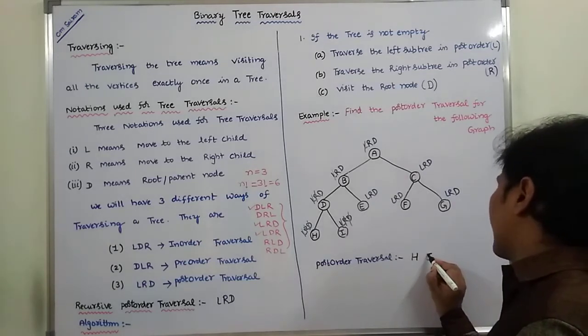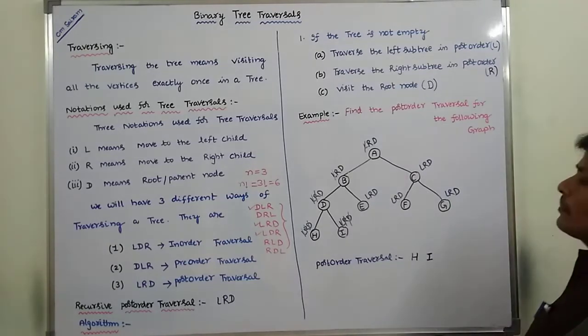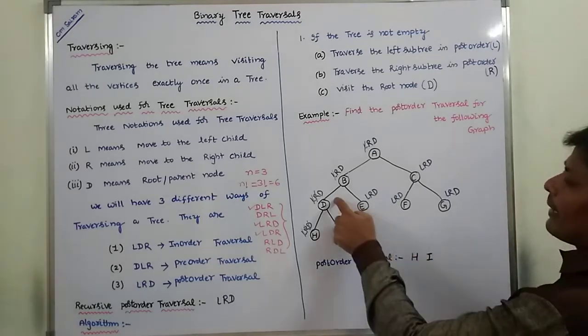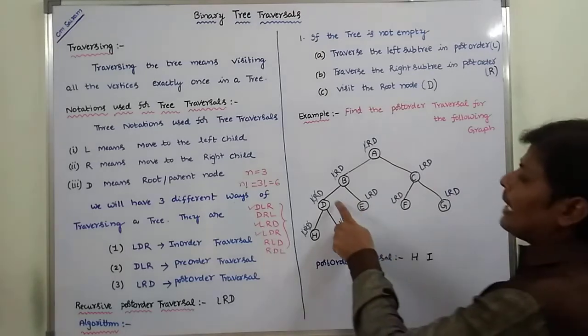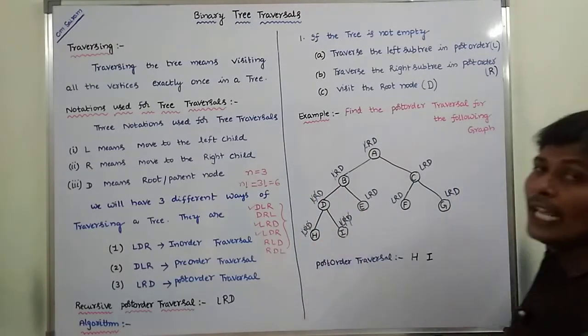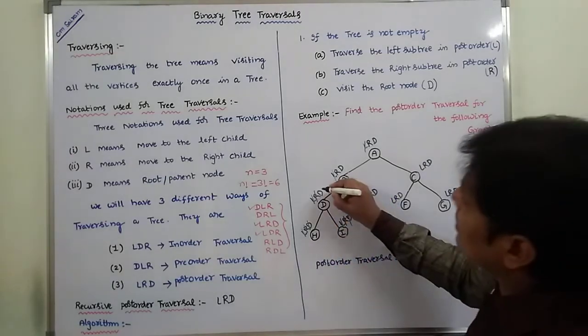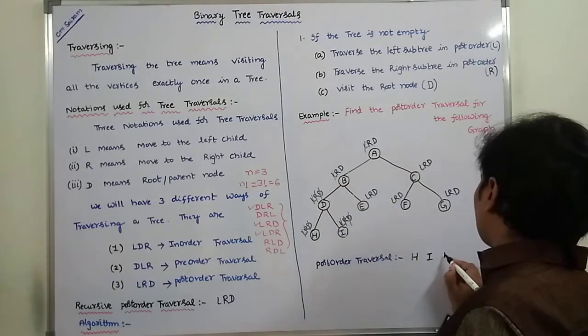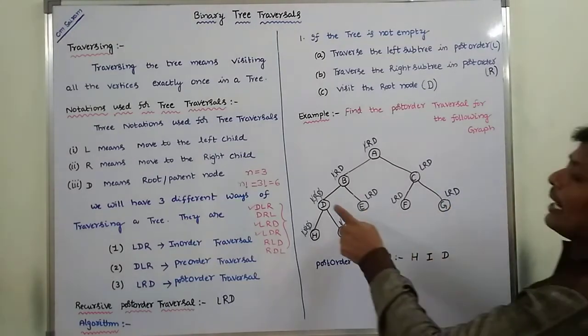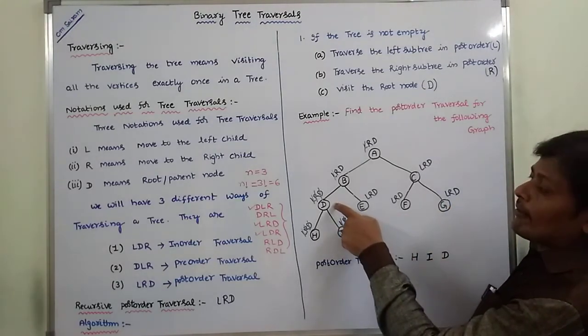Node I is visited. At I, three letters are striked out. Again backtrack to D. At D, L and R are striked out. Next D is there. D means visit that node. Strike out D and visit that node D. At D, three letters are striked out.